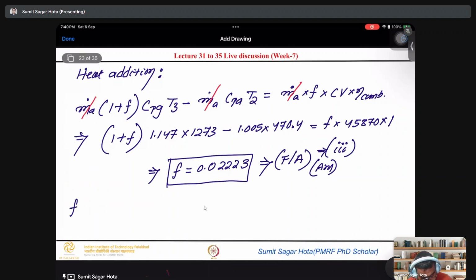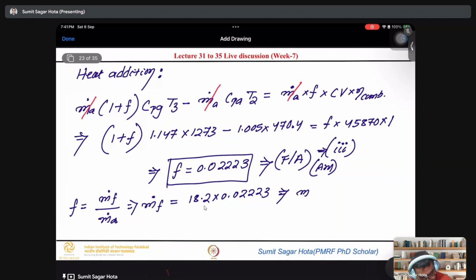So f is equal to m dot f by m dot a, which implies m dot f is equal to 18.2 into 0.0223, so m dot f is equal to 0.405 kg per second.